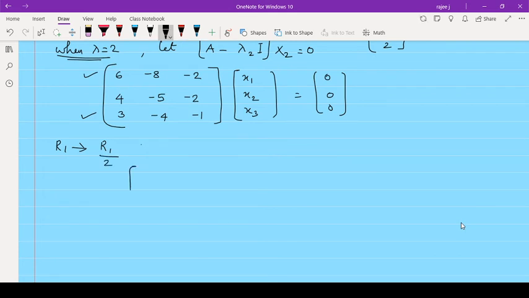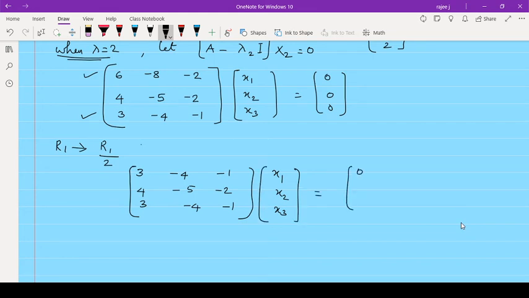So this becomes 6 by 2, 3, minus 4, minus 1, then R2 is 4, minus 5, minus 2, and R3 as it is, 3, minus 4, minus 1. Here x1, x2, x3 equal to 0, 0, 0.